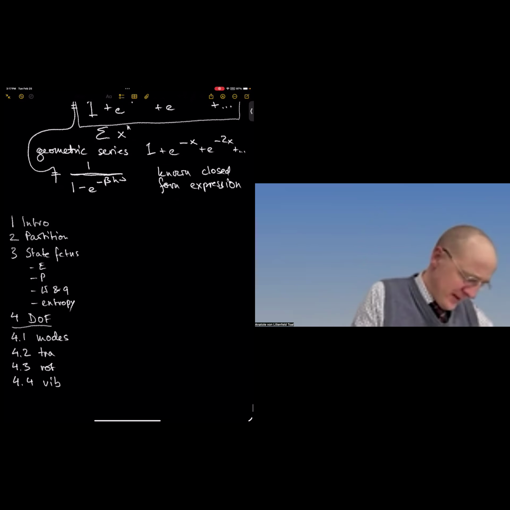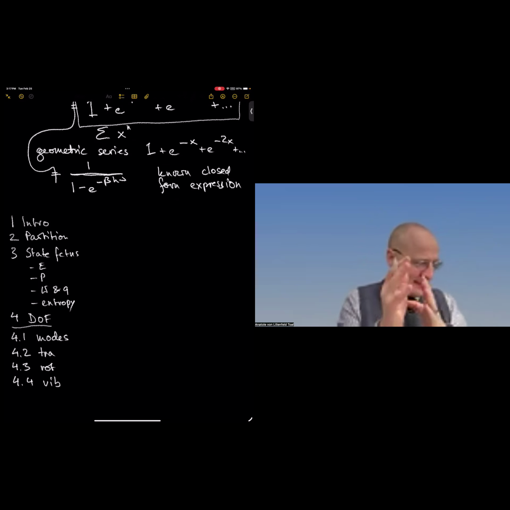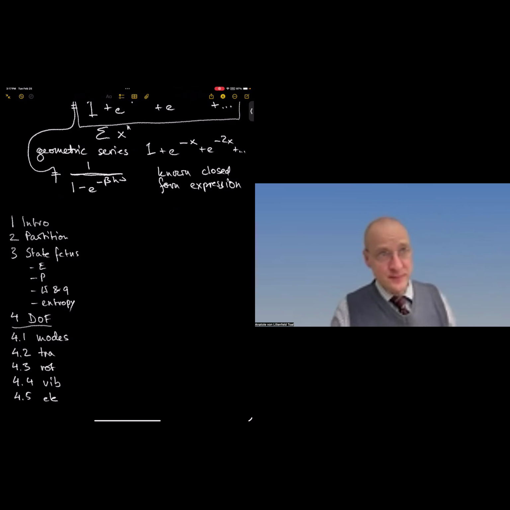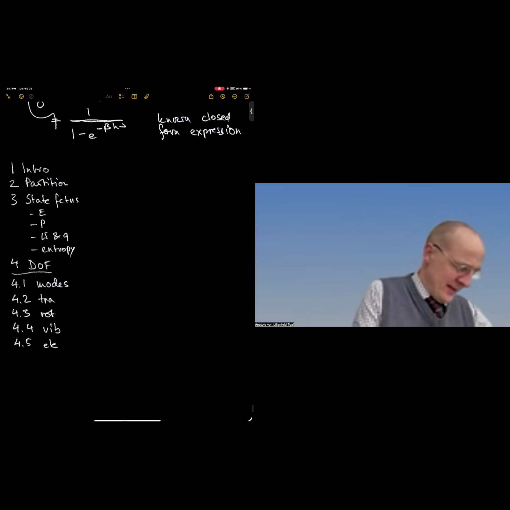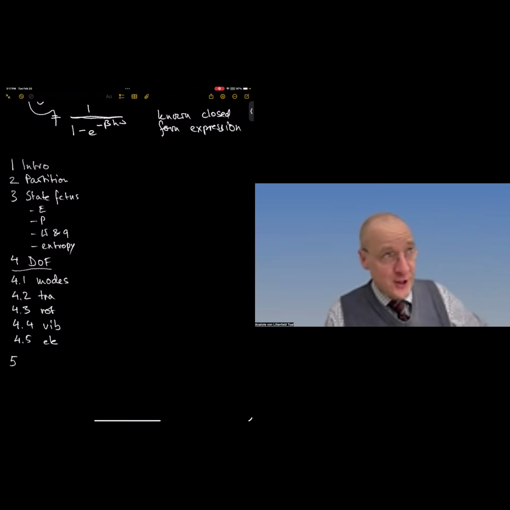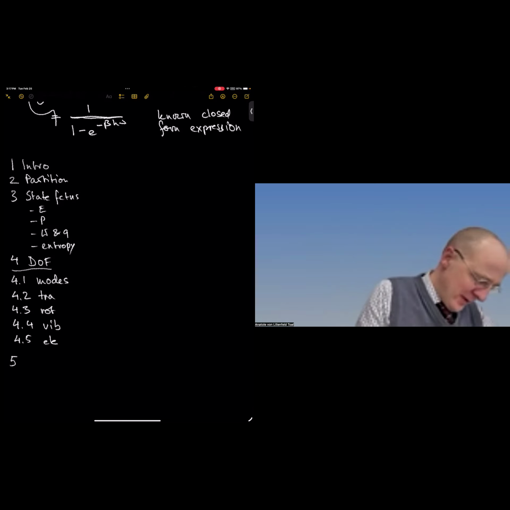We will then, just a little glance in the future, also discuss the electronic partition function. And then my plan is to move to the fifth chapter, which will be dealing with equilibrium constants.